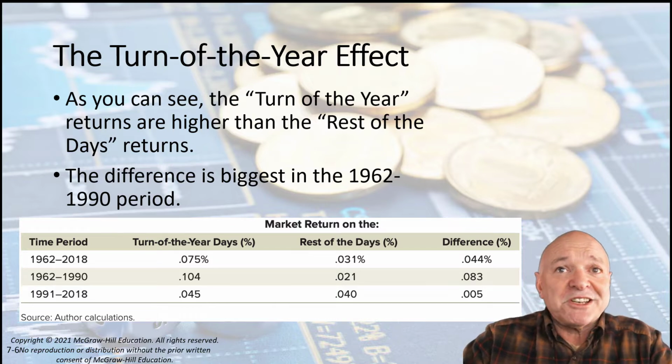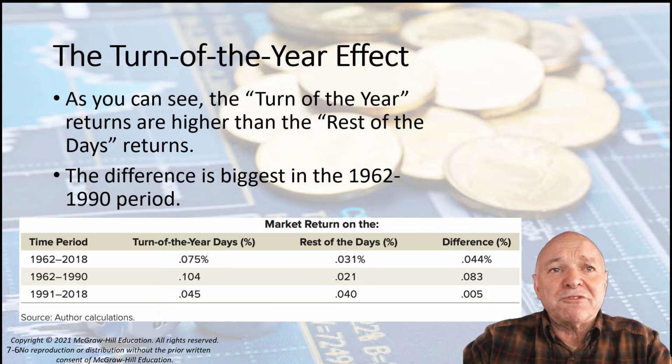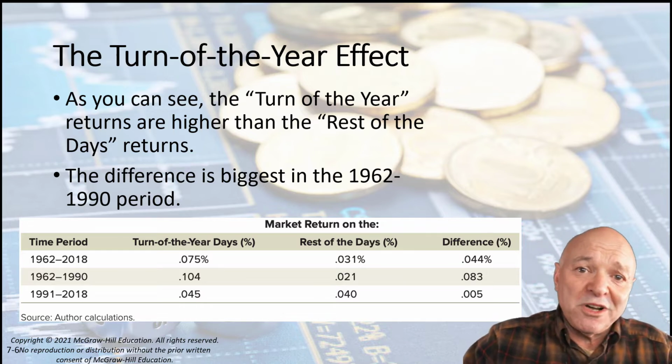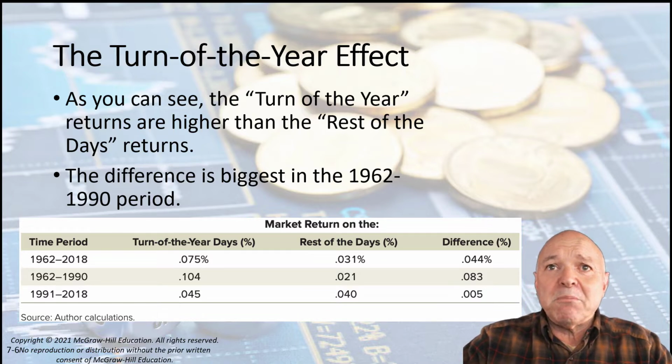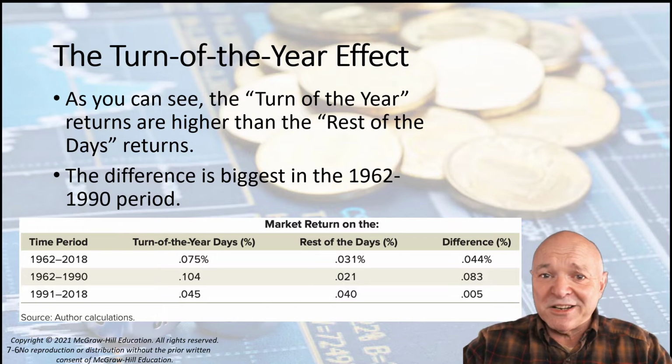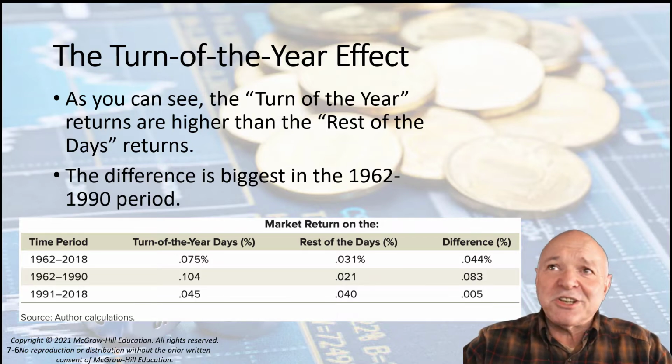As with the previous example, with the Monday effect, you can see that difference was much more significant for the first part of the sample. So for the years from 62 through to 1990, the returns were significantly different, but much less so for the rest of that period. Again, once we recognize an anomaly, it tends to disappear.